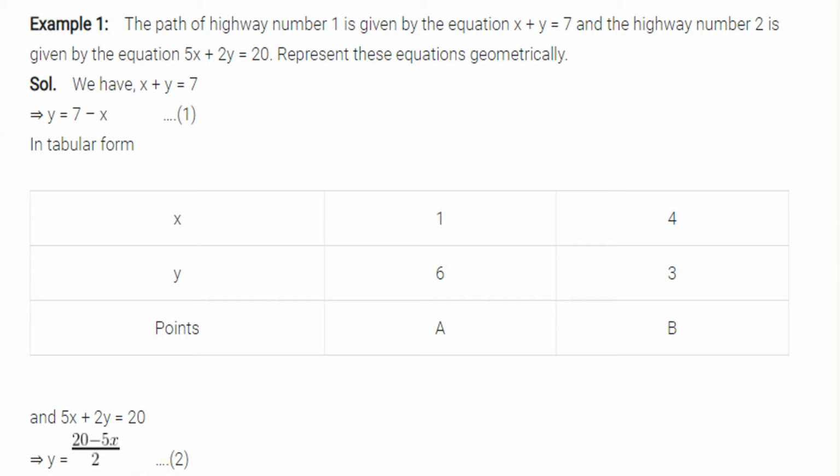First of all, I want to clarify one point: the values I am taking for x are not compulsory. You can take another value for x, put it in the given equation, get another value of y, and plot your graph according to your points.